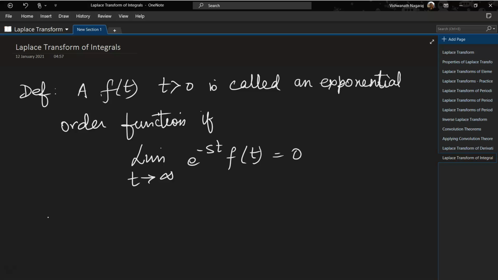Now let's look at the Laplace transform of integrals using theorems. So let's look at the first theorem.